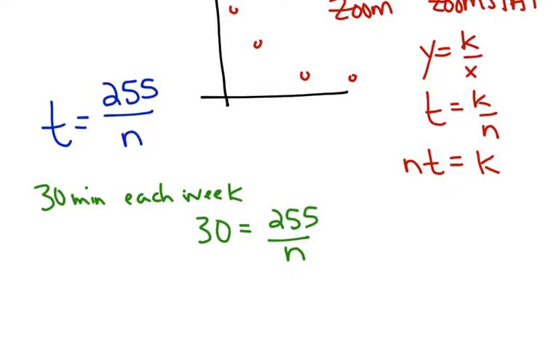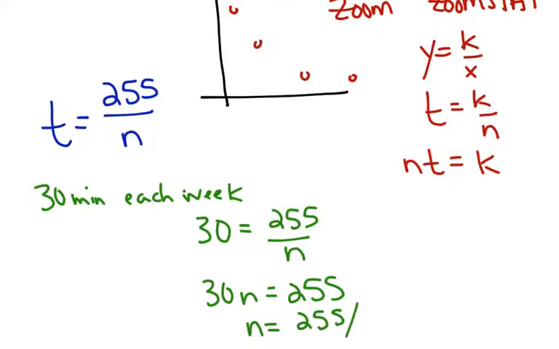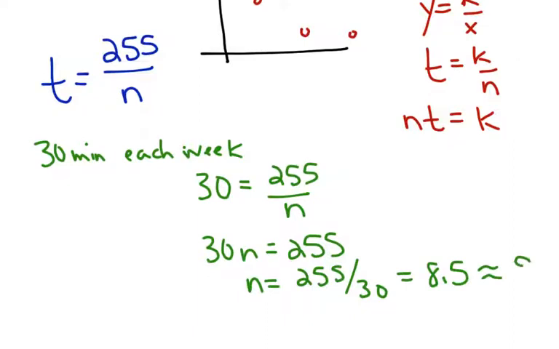Now, remember that one of the things we could do was rewrite it like this, which was Tn is equal to k. So n must be equal to 255 divided by 30, which is 8.5. Well, you can't have 8.5 students, so we probably need about 9 students showing up every week in order to be able to clean the litter in approximately 30 minutes.